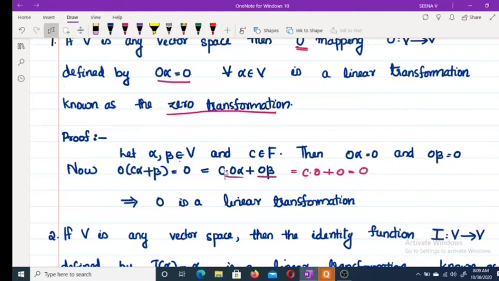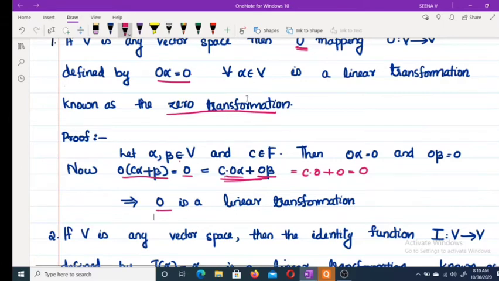Therefore, 0 of (c alpha plus beta) equals c into 0 alpha plus 0 beta. This implies 0 is a linear transformation.